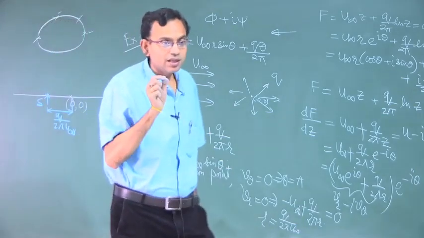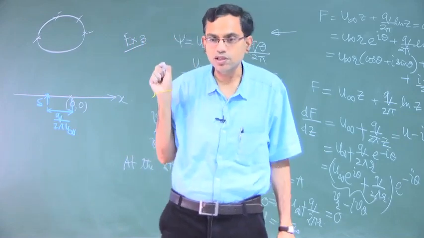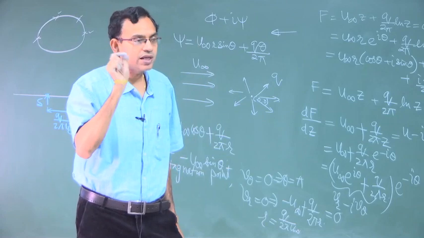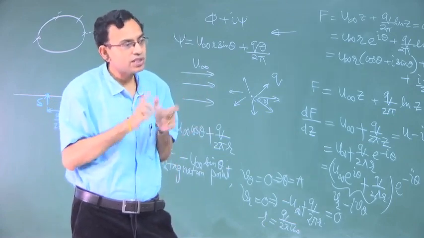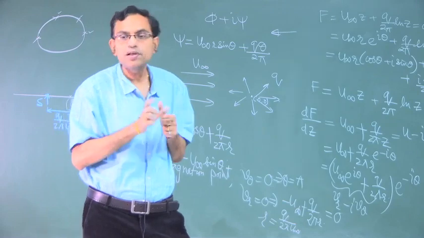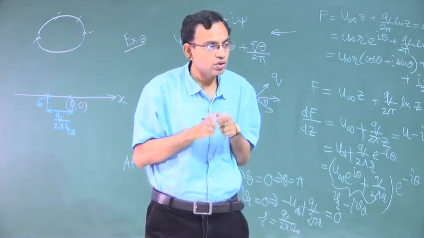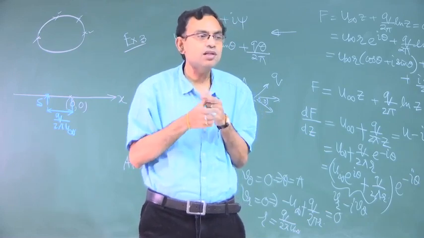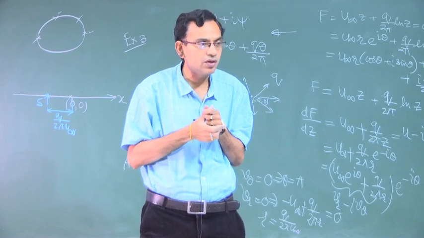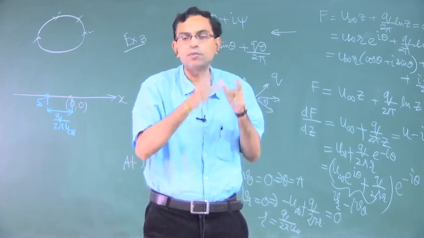This is the very interesting difference between the real viscous flow and potential flow. In the real viscous flow, all the points on the body have no slip and no penetration boundary condition. Okay. So, no slip comes from considerations where viscosity plays a very critical role, and no penetration is a kinematic boundary condition.